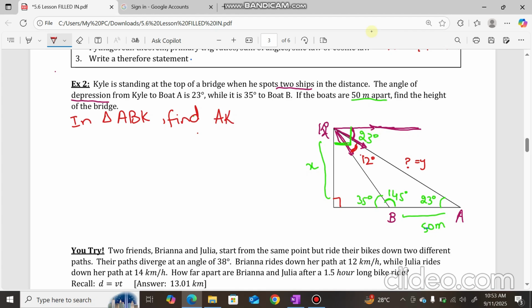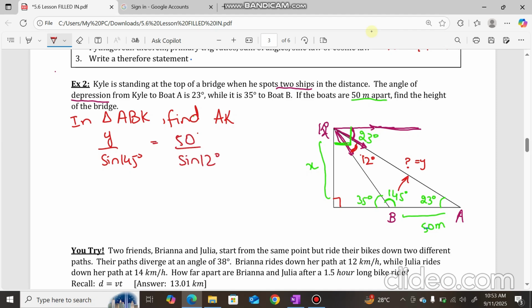Okay, and we have to find the side, so we're going to use y upon sine 145, because these are alternate, and 50 and the 12 degree angle are alternate, so we write 50 upon sine 12.